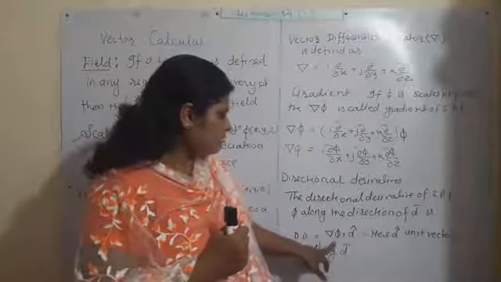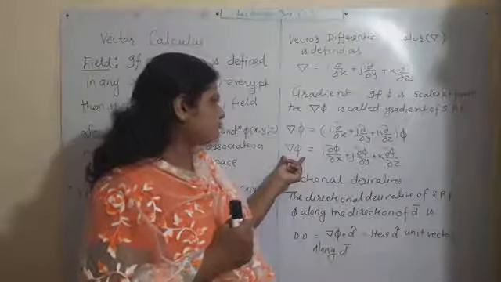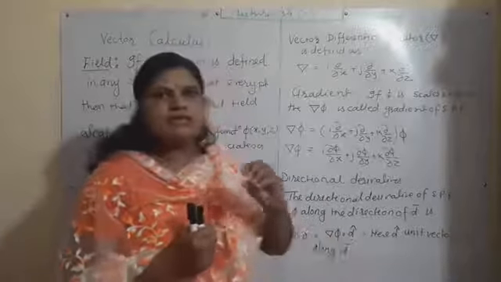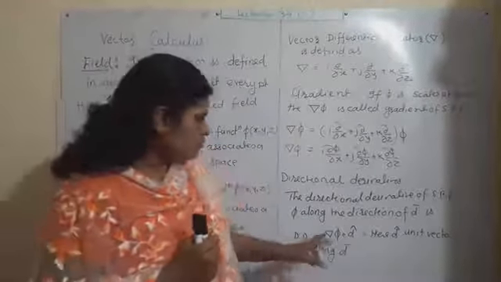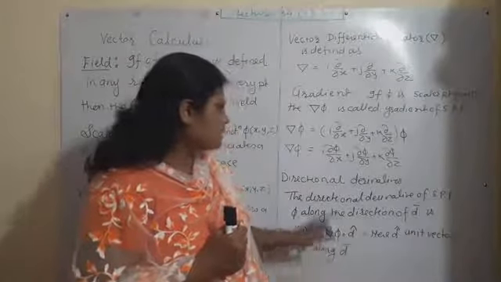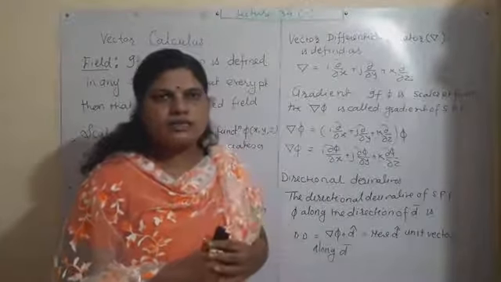We have to calculate grad phi, and I have already told how to calculate it. Here d cap is nothing but the unit vector along the direction d bar. So by taking the dot product of those two terms, we get the directional derivative of the scalar point function phi along the direction d bar.